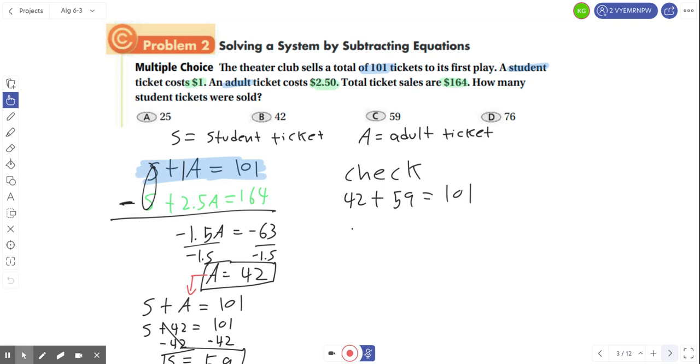Second, does 59 plus 2.5 times 42 equal 164? Let's check it. 59 plus 105. It sure does. Okay, so both those are true, so my answer is correct. So there I did subtraction.